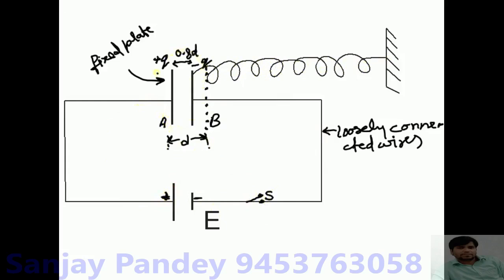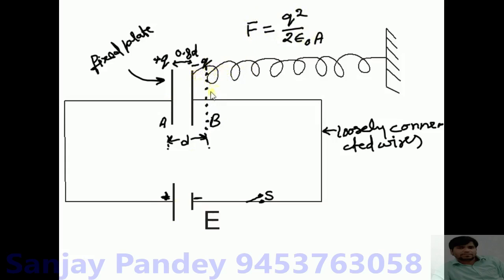Suppose when the capacitor is fully charged, the charge on the plates of the capacitor is plus Q and minus Q. Due to these charges, one plate of the capacitor attracts the other plate, and the electrostatic force of attraction between the plates is given by F is equal to Q square upon 2 epsilon naught A. This is the force of attraction between the plates of the capacitor.